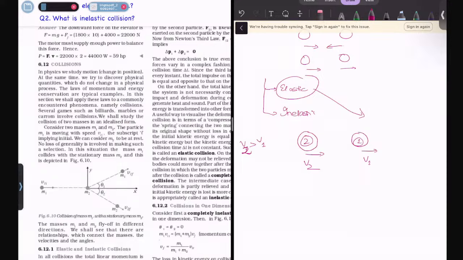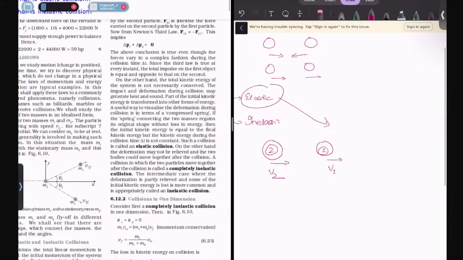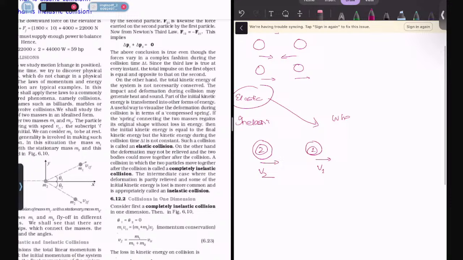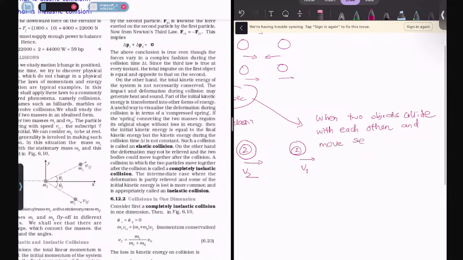So how will you define an elastic collision? When two objects collide with each other, and move separately after the collision.